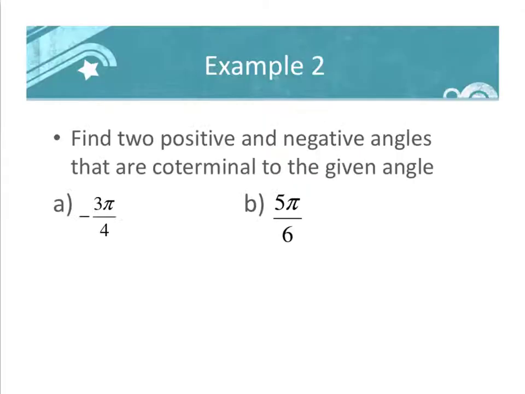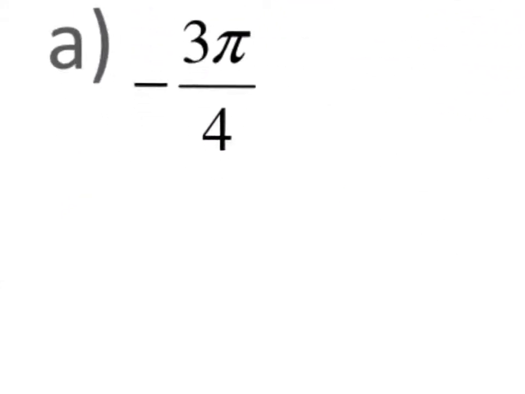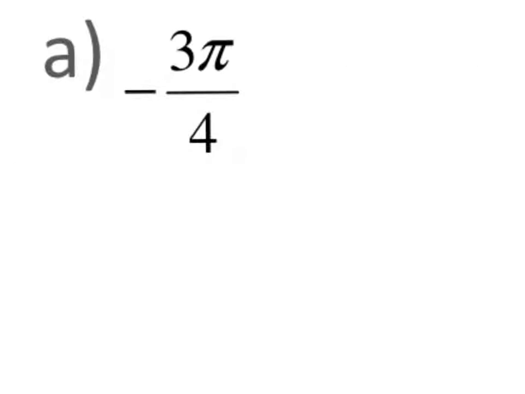Let's take a look at an example. Let's find 2 positive and 2 negative angles that are coterminal to the given angle. Let's take negative 3 pi over 4. It might help to draw a picture. Let's put that in standard position. Here's our x-axis, here's our y-axis. Our initial side starts here, and we extend it. 3/4 is almost to 4 over 4, which would be pi, but we're going in negative rotation, so that's going to be negative pi.